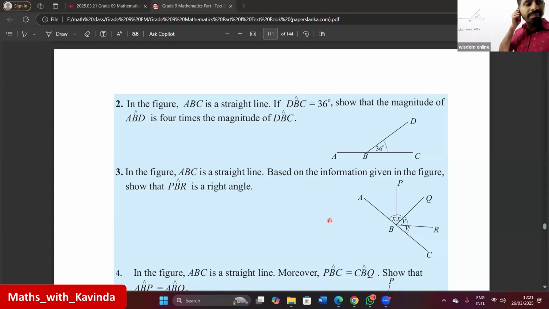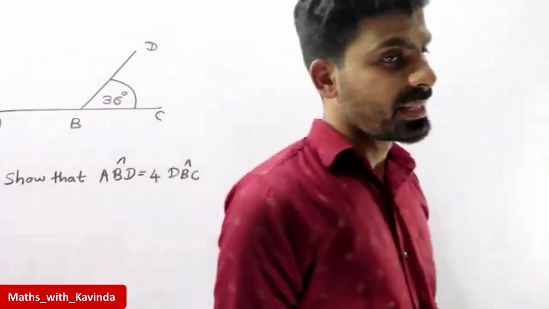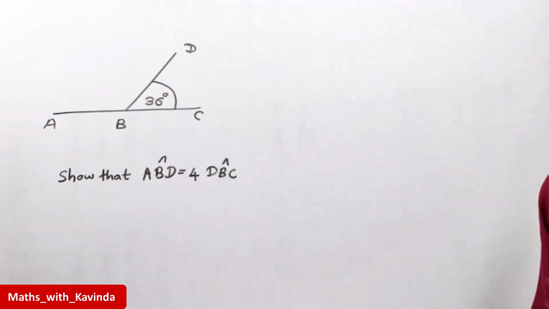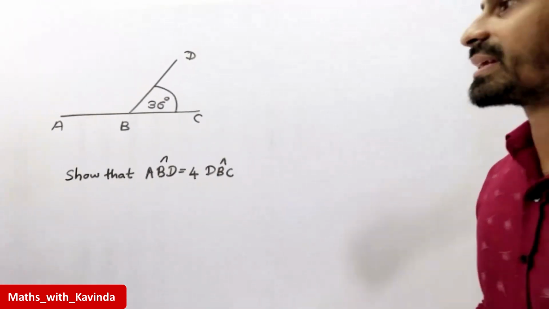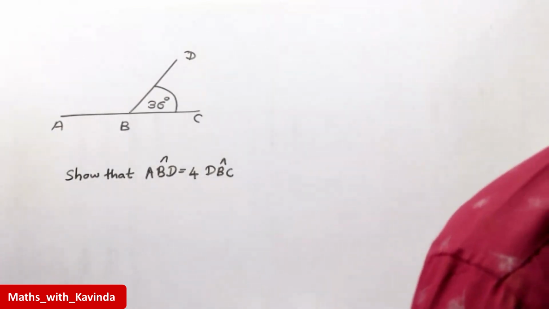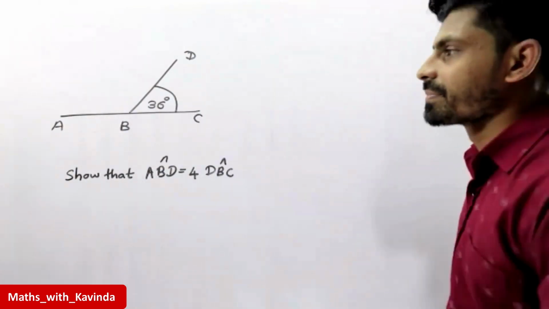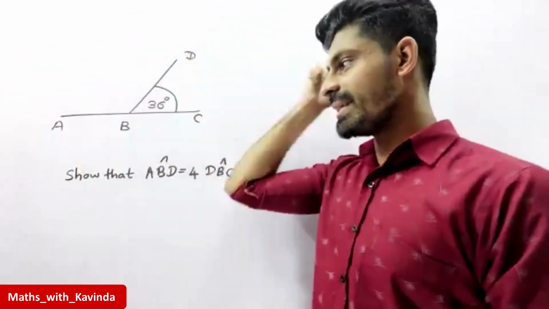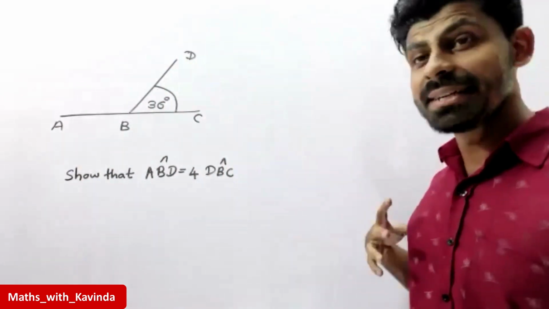We need to show that ABD equals 4 times DBC. So this is the question we need to prove, right?